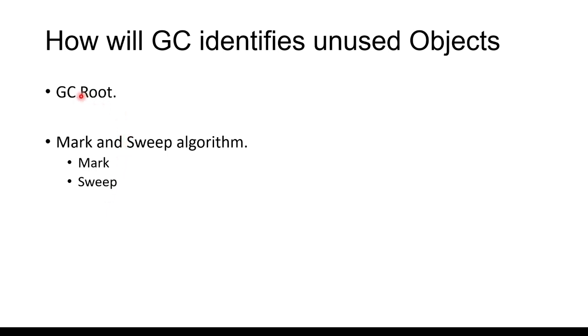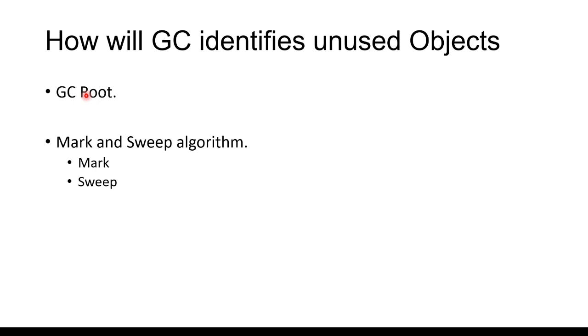The GC root is the main reference. Through the GC root, we can traverse all the objects present in the memory. So the garbage collector will traverse all the objects from the GC root and identify what it identifies.